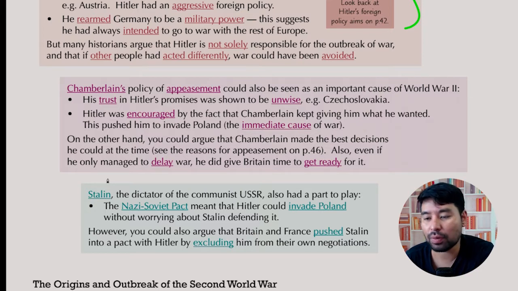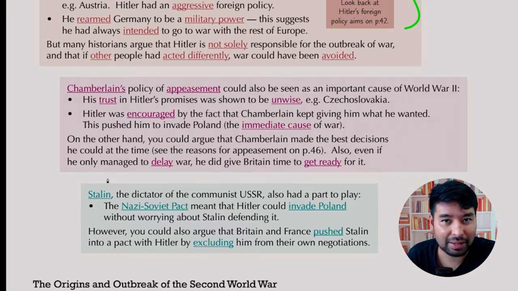For example, reason number one: his trust in Hitler's promises was shown to be unwise. We knew that Chamberlain somewhat trusted Hitler's promises, but everybody at that time knew that Hitler was lying. You cannot trust that guy, right?